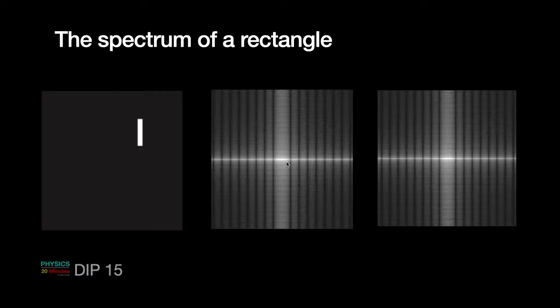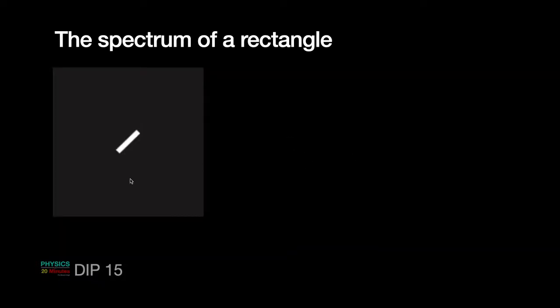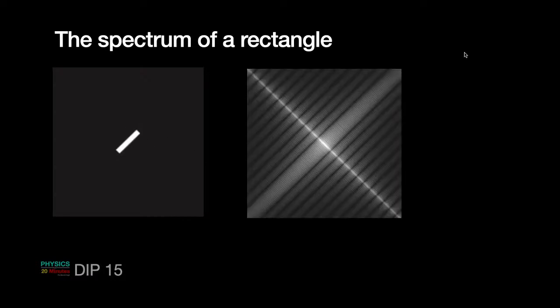So the lesson we learn is that wherever your object is in the image, the Fourier transform will always be at the center. It will always be in the middle. Please remember that, because it will be helpful when you do the actual analysis. The lowest frequency will always come at the center, and then symmetrically it will spread in all possible directions. However, if you tilt the image, then you will find that the spectrum will tilt.